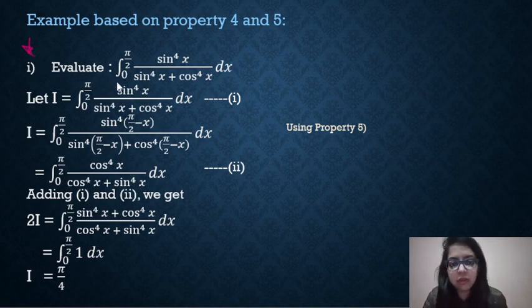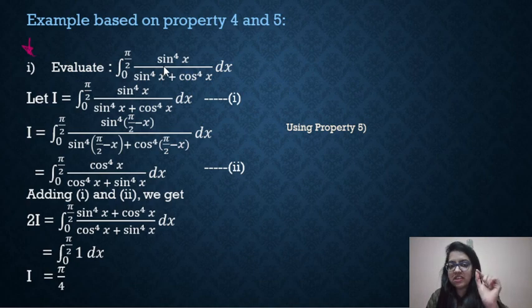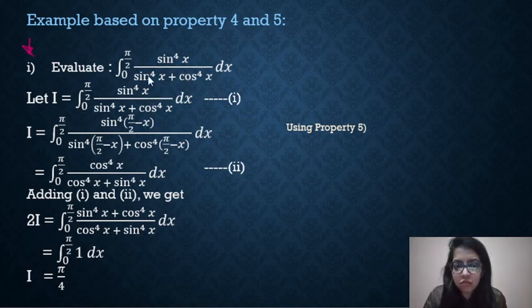Okay, so evaluate integral 0 to pi by 2 of sin to the power 4x upon sin to the power 4x plus cos to the power 4x dx. So this was our function. Let's assume this as I, that is I is equal to integral 0 to pi by 2 sin^4 x upon sin^4 x plus cos^4 x dx, and let's mark it as first.